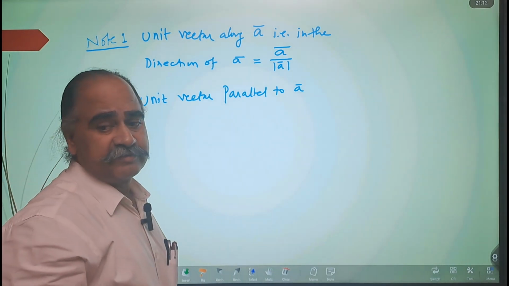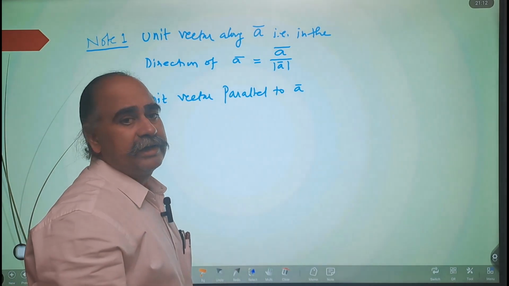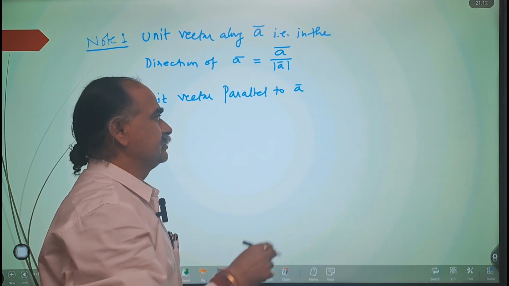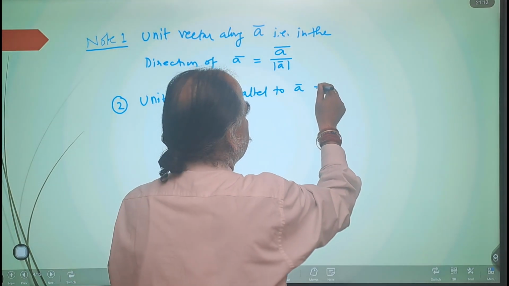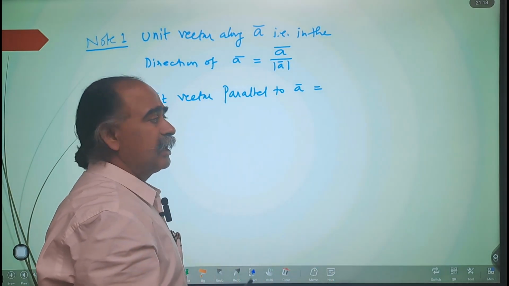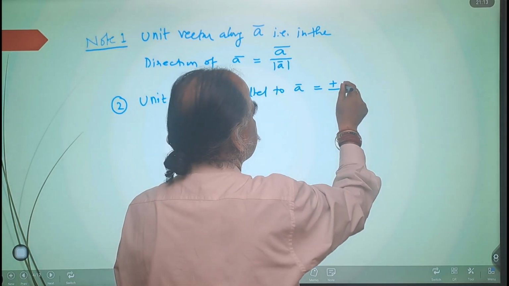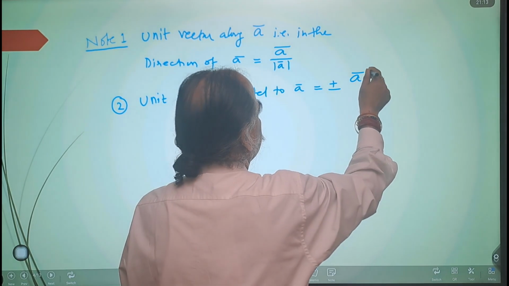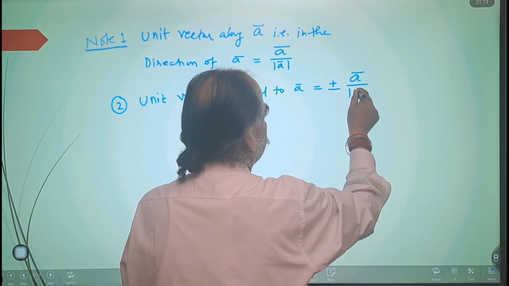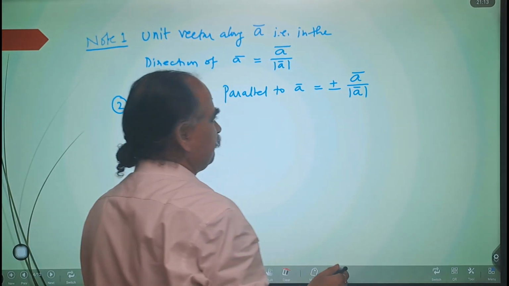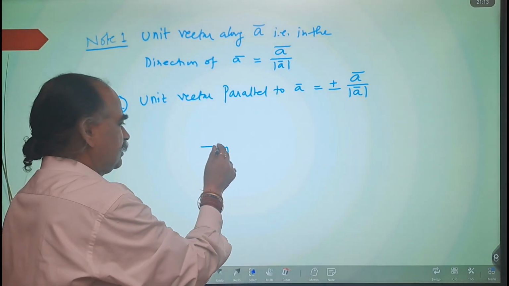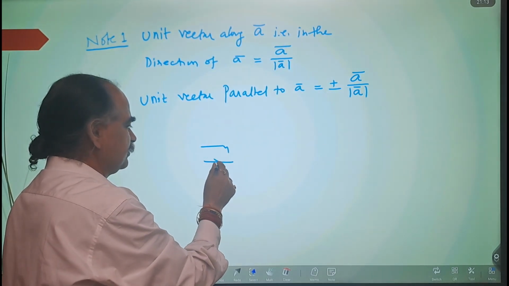Parallel to a bar means it may be in the same direction, it may be in opposite direction. So whenever it is in the same direction, it will be positive. Opposite direction will be negative. So it is plus or minus.